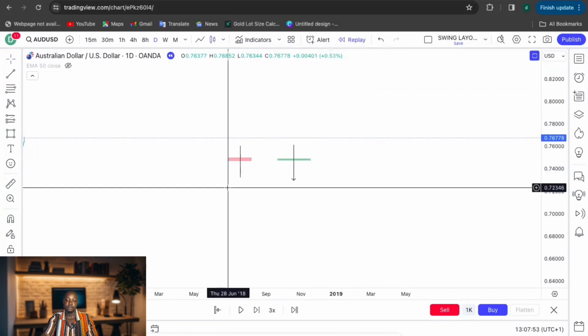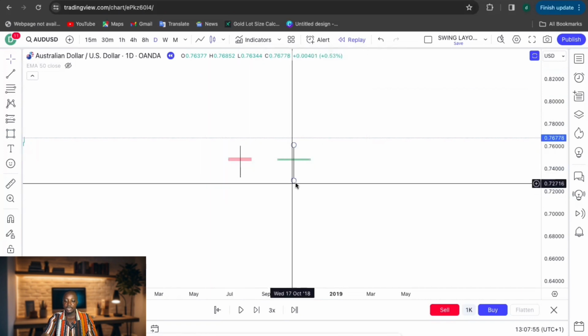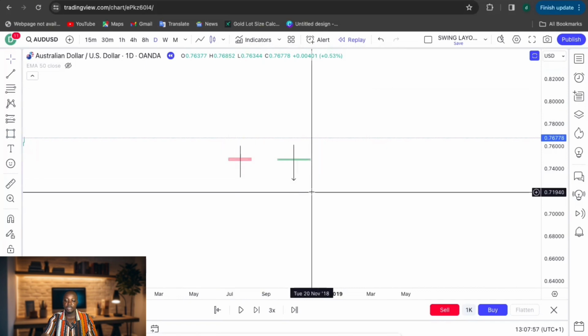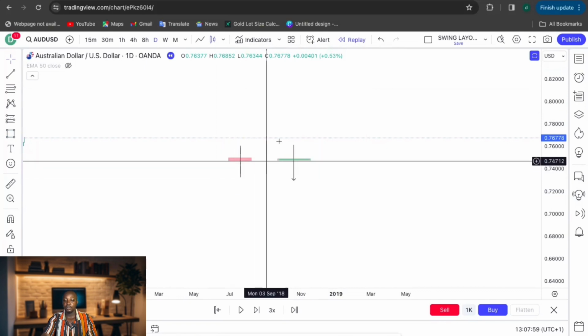Now these are doji candles. This candlestick signifies equilibrium.